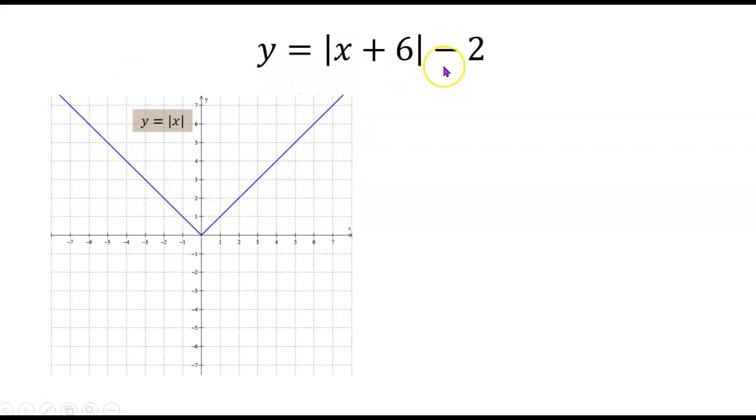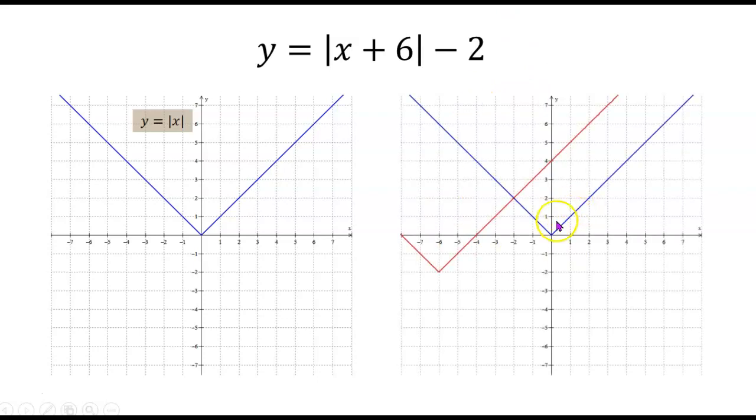So our equation is going to have the same shape graph, but it's going to be shifted over 6 spaces to the left and 2 spaces down, like this. So now the point of the V that used to be at 0, 0 is now over here at -6, -2. And everything's the same relative to that.